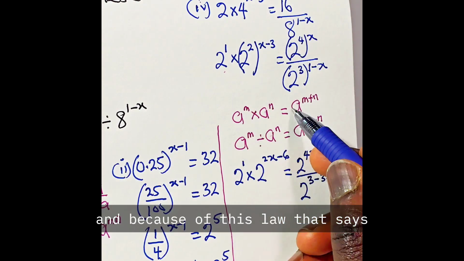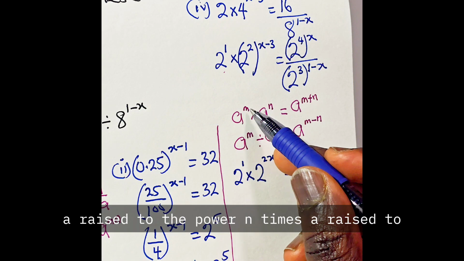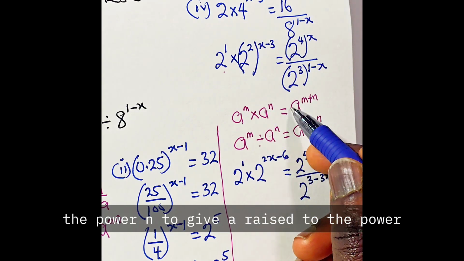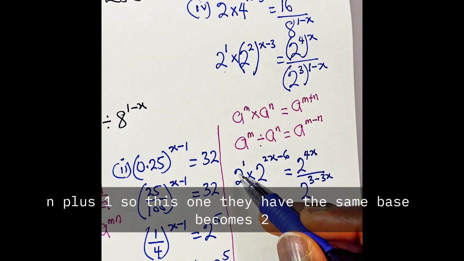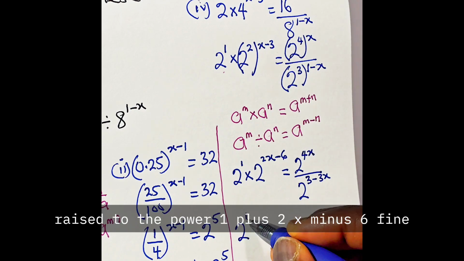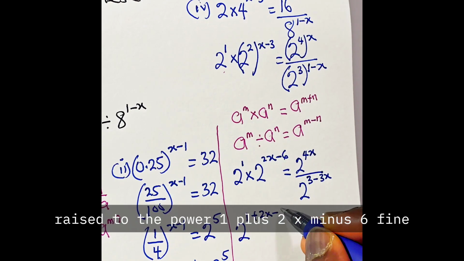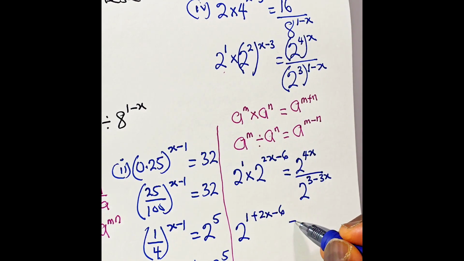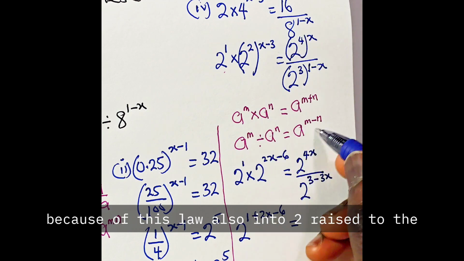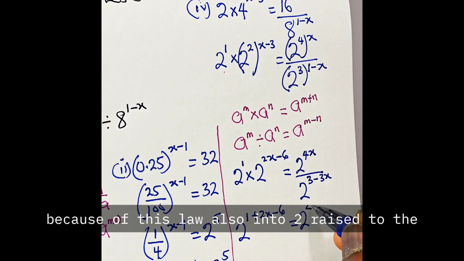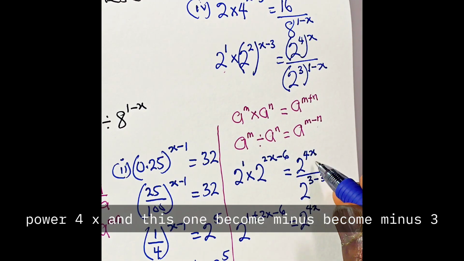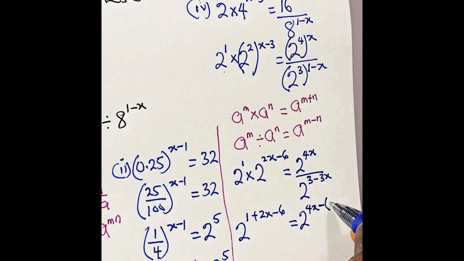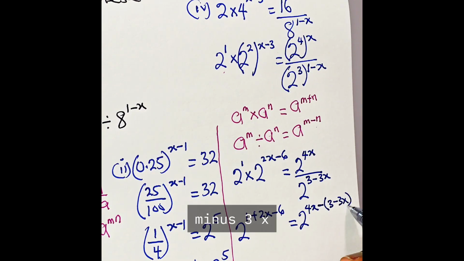And because of this law that says a raised to the power m times a raised to the power n gives a raised to the power m plus n, this one, they have the same base, becomes 2 raised to the power 1 plus 2x minus 6. Fine. Equals to, then I turn this one, because of this law also, into 2 raised to the power 4x, and this one becomes minus 3 minus 3x.